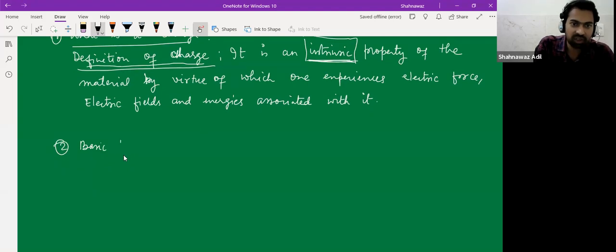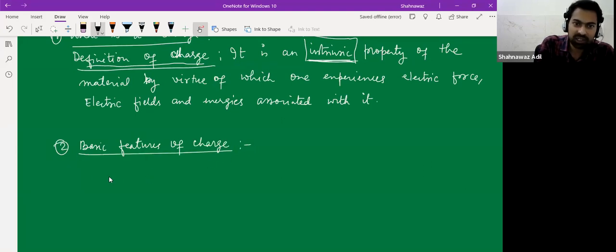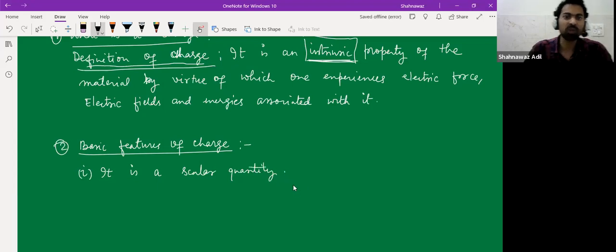So the basic features of charge, right? What are those? The first thing is that it is a scalar quantity. And what do you know about a scalar quantity? You know that a scalar quantity can be represented by only a number, right? It only requires some magnitude.